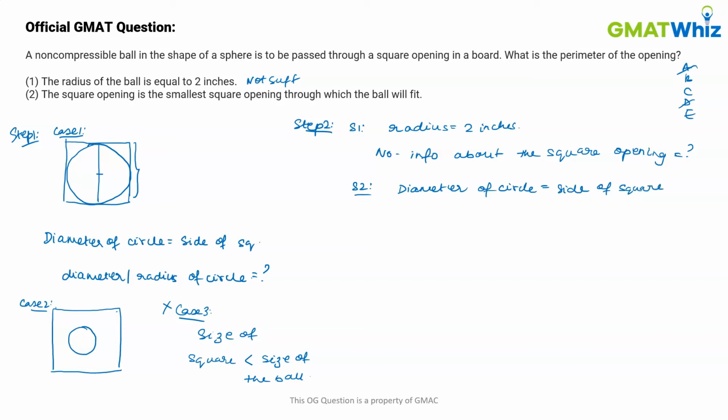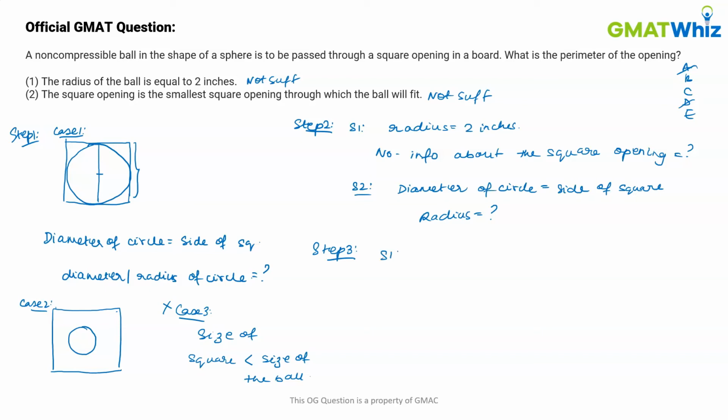But here we have no information about the radius of the circle using which we can find the diameter. So statement 2 is also not sufficient, and we move on to the last step, which is step 3, and analyze both the statements together.